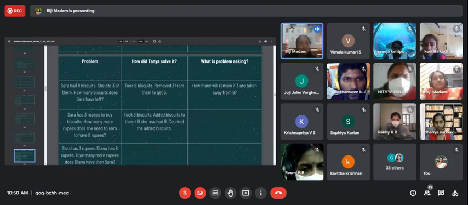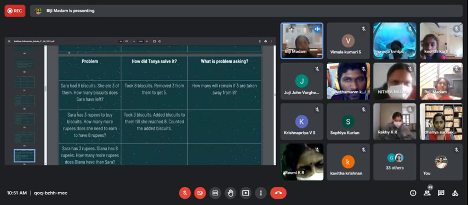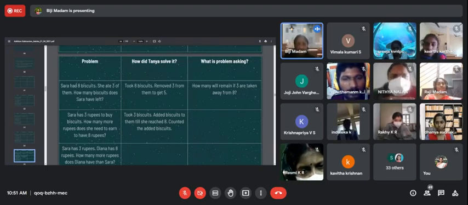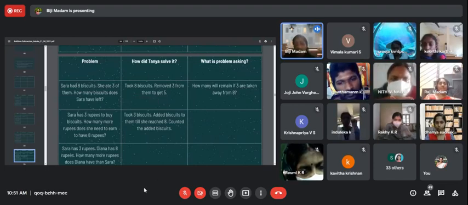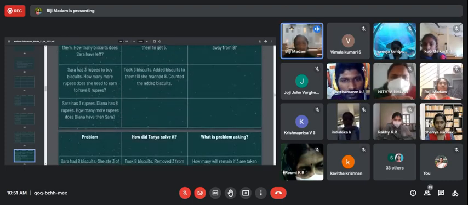Now in the second question also, Sarah has 3 rupees to buy biscuits. How many more rupees does she need to earn to have 8 rupees? Here also, she added more biscuits to 3. She added 5 more to 3 and she got 8. Agreed? And what is the real problem asking us to do?